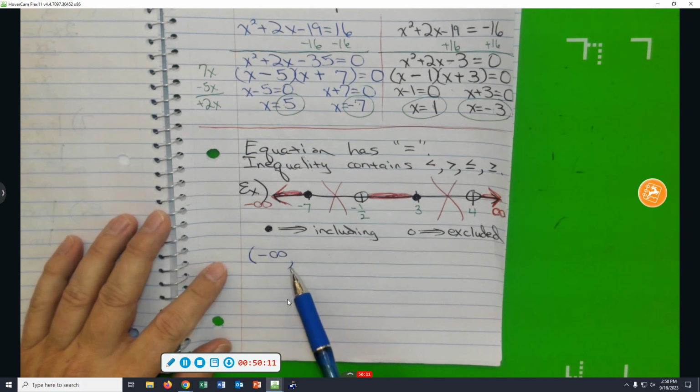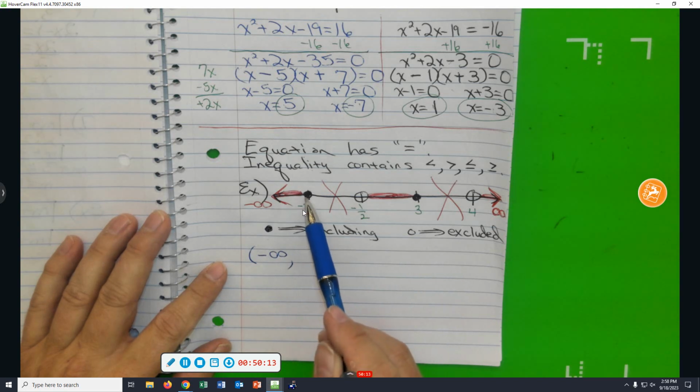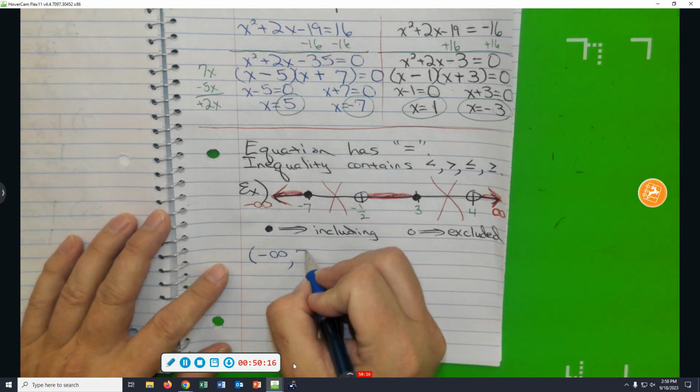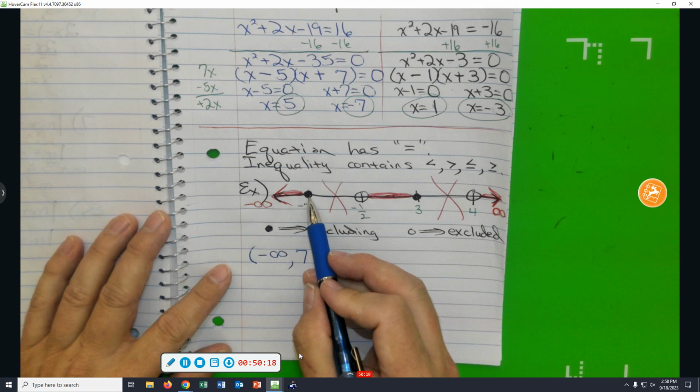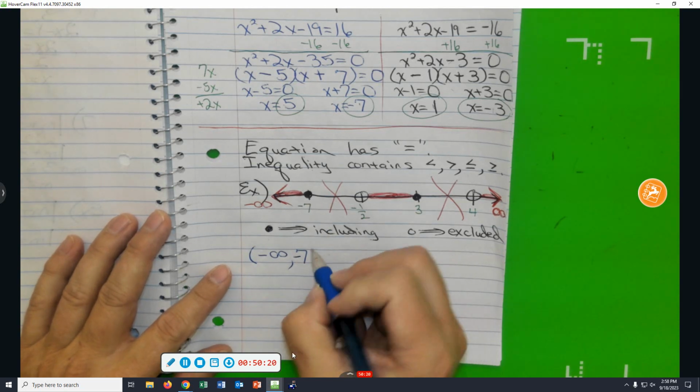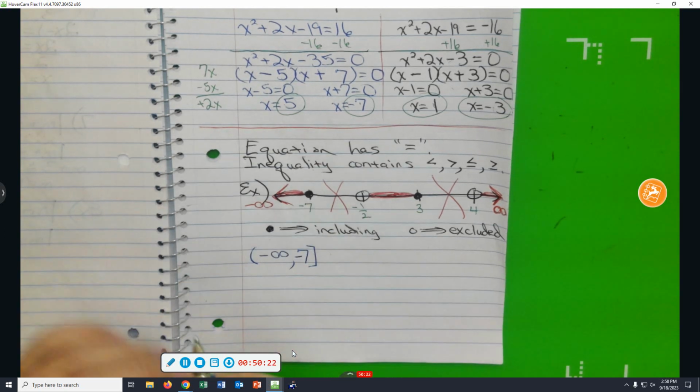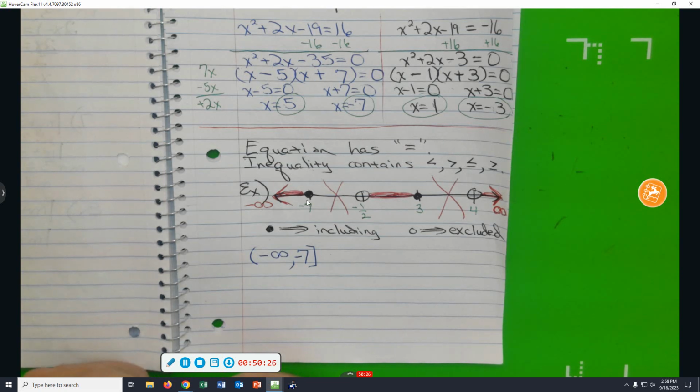-infinity, comma. The right-hand endpoint is -7. -7 is being included, so we're going to put a bracket. You use brackets at closed circles. Anywhere else, you use a parenthesis.